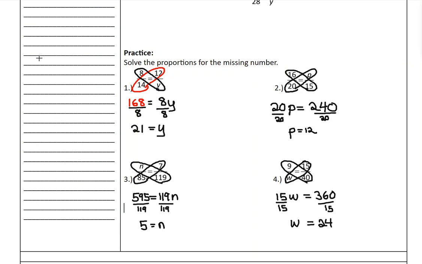Let's summarize our steps. To solve for a missing value, or to check and see if two ratios are in fact proportional, you cross multiply. So our first step is to cross multiply.